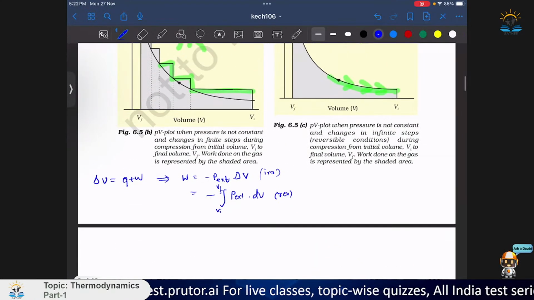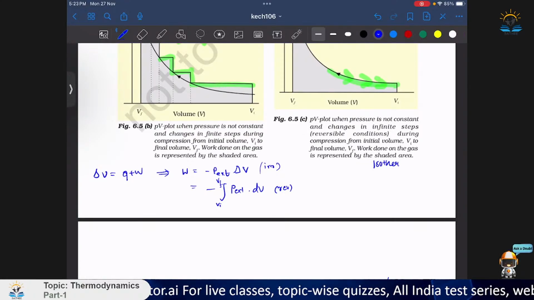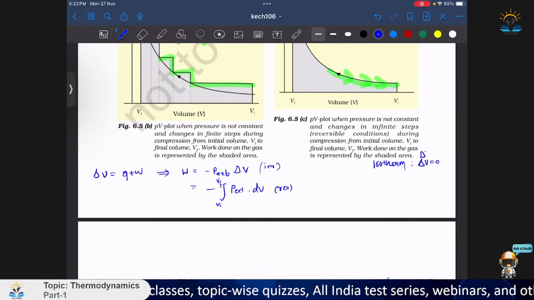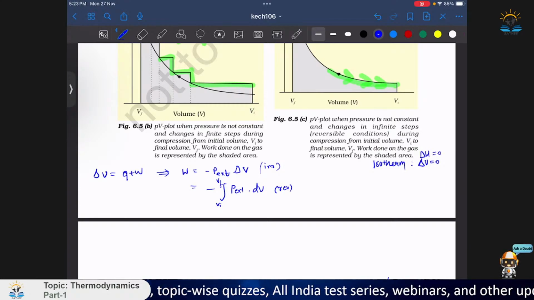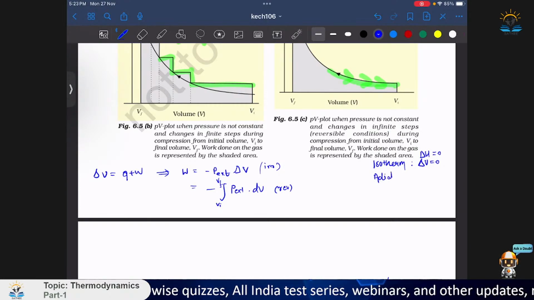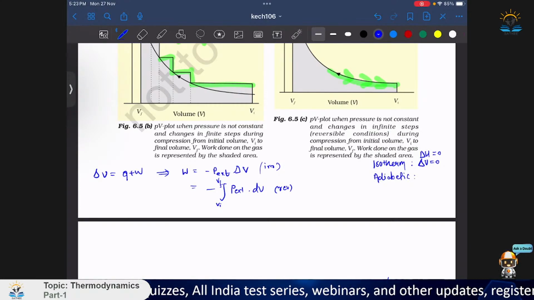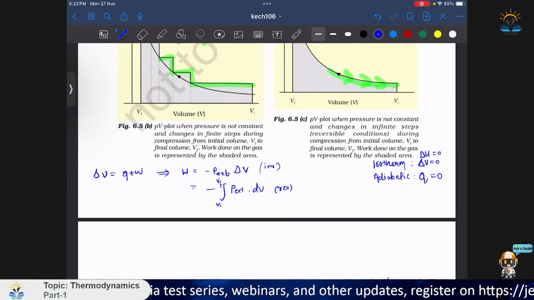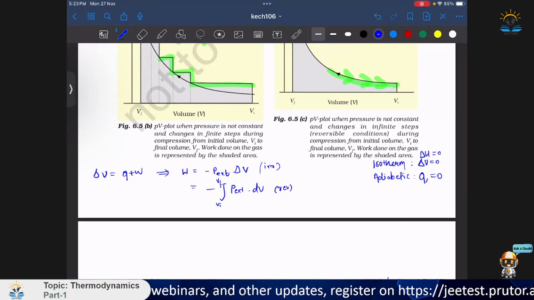There is isothermal. What you need to remember here is delta U is equal to 0. Delta H is also 0 here. Then there is adiabatic. In adiabatic, Q is equal to 0. The last one is free expansion.